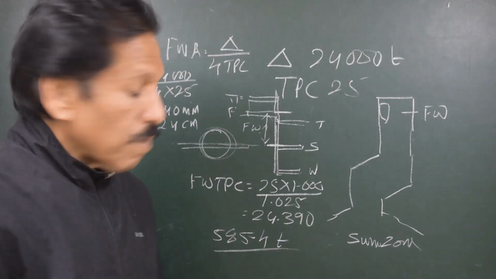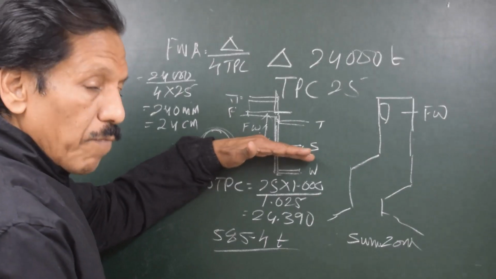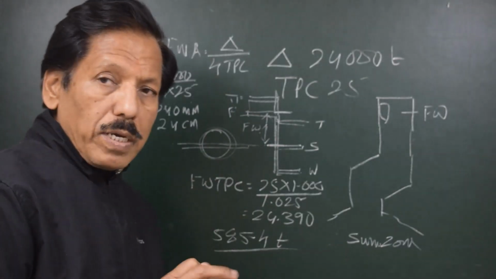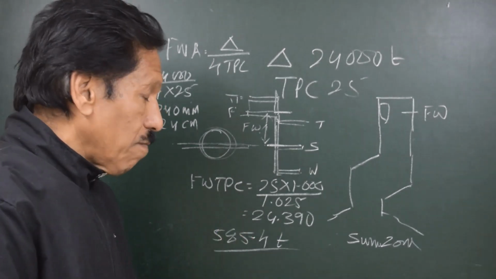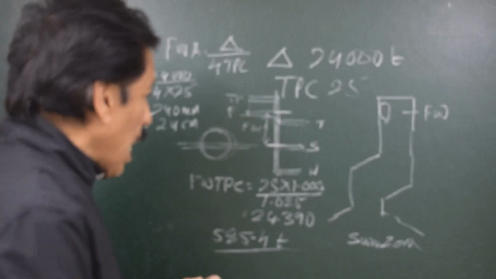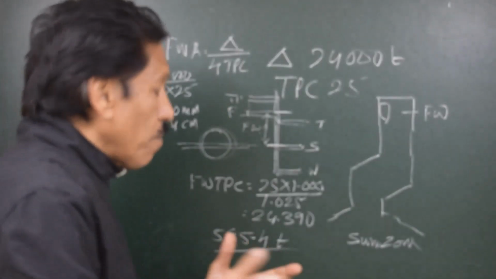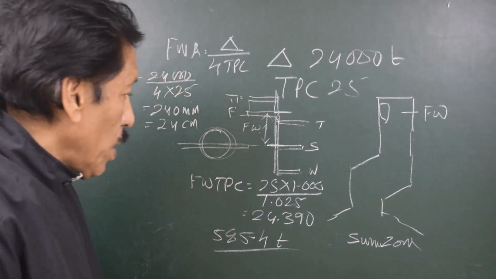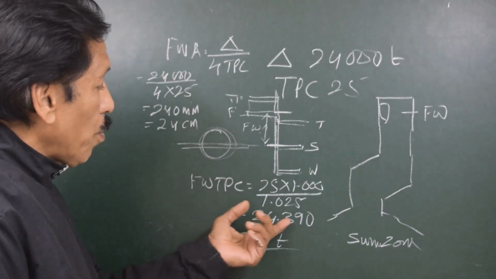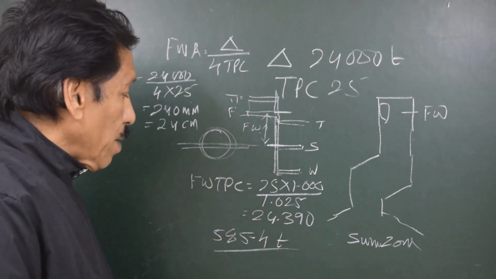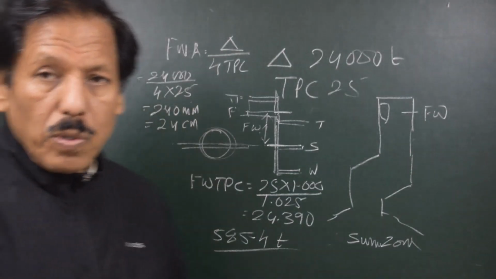So if the ship loads while she is initially floating at this draft, since she is floating at a freshwater dock, she is allowed to submerge herself by an amount equal to the freshwater allowance. That means she is allowed to submerge 24 centimeters, and in freshwater, to submerge 24 centimeters, I have to find out the freshwater TPC. That was 24.39. 24.39 multiplied by 24 gives me 585.4 tons she can load.